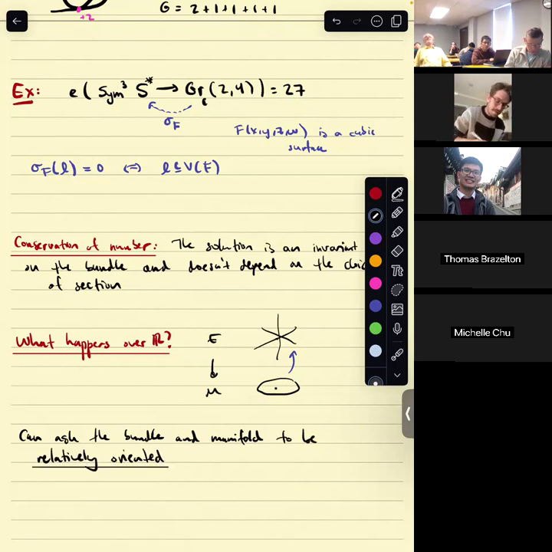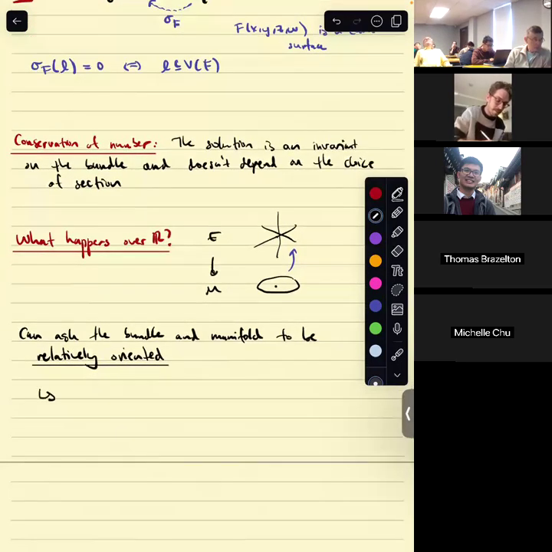Okay, so what do I mean by relatively oriented? An orientation, right, is a trivialization of the determinant bundle. And what this is telling you is that when I look at my transition functions, they all have positive determinants. So I'm not worrying about orientations.